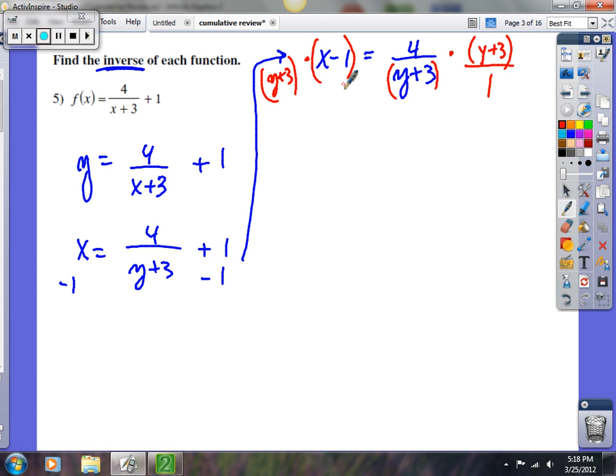And on the right you can cross cancel, those undo themselves, so on the right you just have 4.